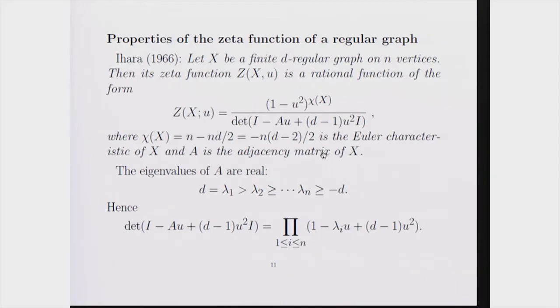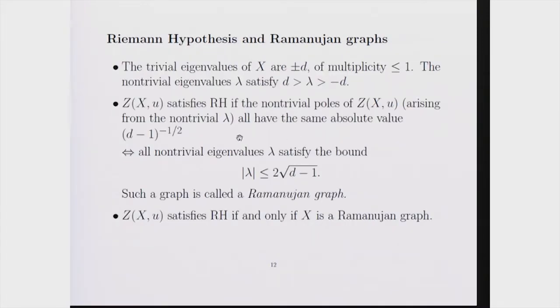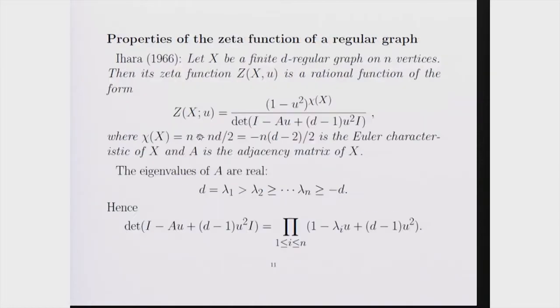Okay. So we say that the zeta function satisfies the Riemann hypothesis if all the non-trivial poles have the same absolute value. From the construction, this same absolute value would be d minus 1 raised to the minus 1/2. Okay. So if you go back, look at the denominator here.